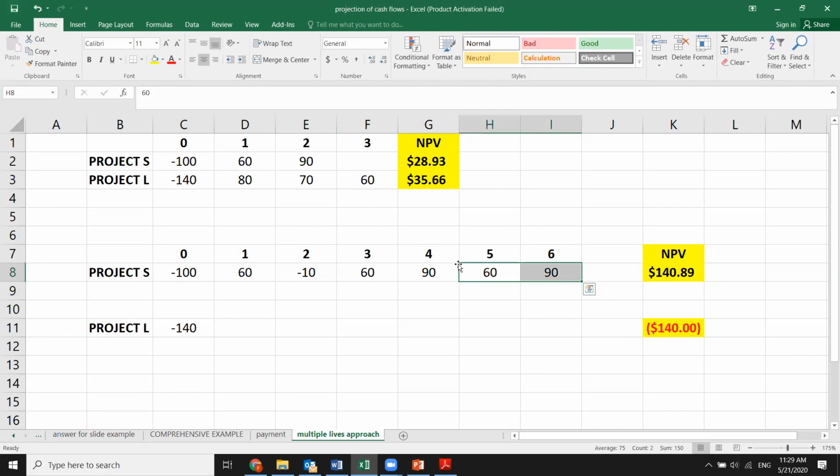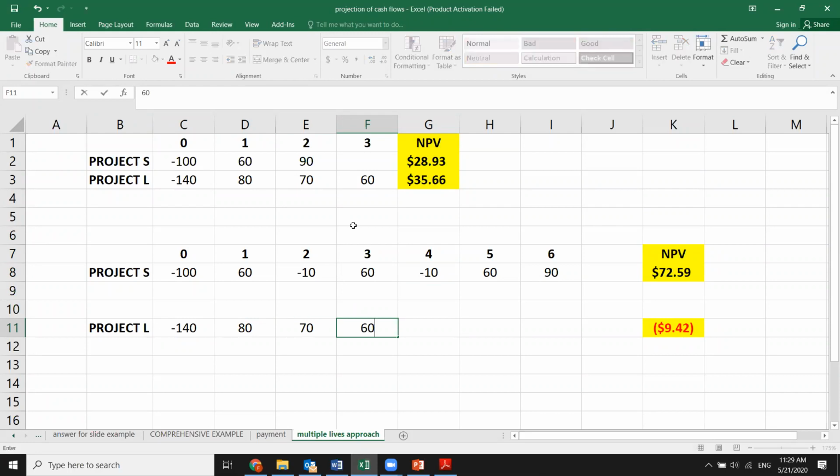So this 1 and 2, we go with the investment cost here as well. Minus 100 plus 90. But for project L, it's 80 and 70. And what happens in here, and we have 60 here, yeah, true.